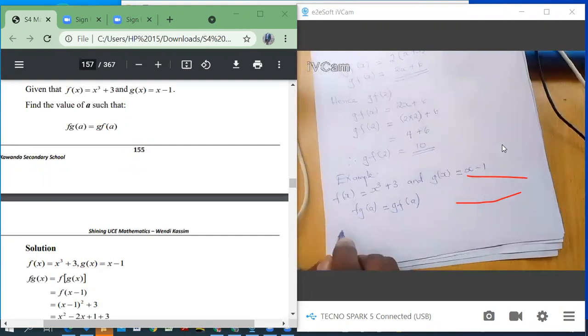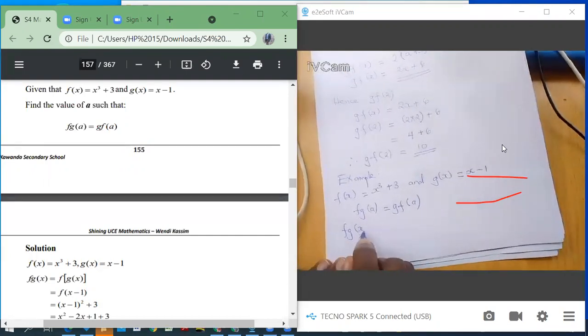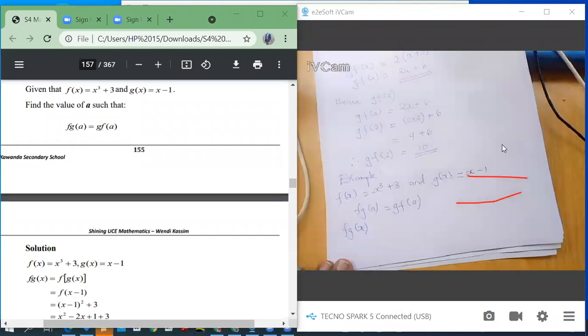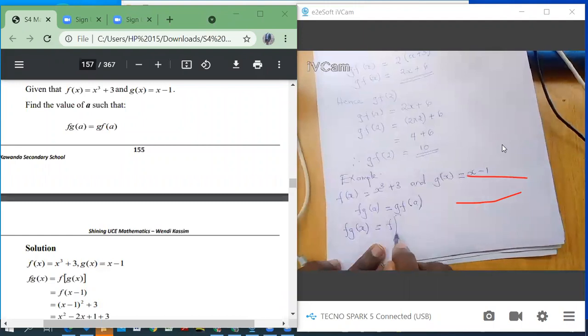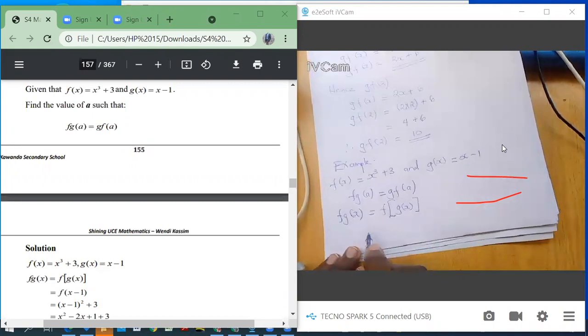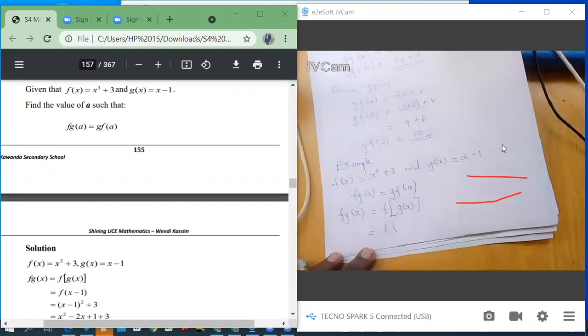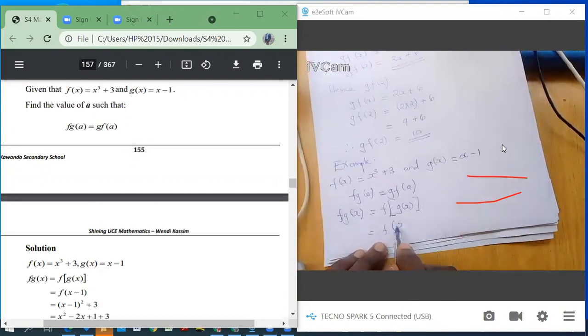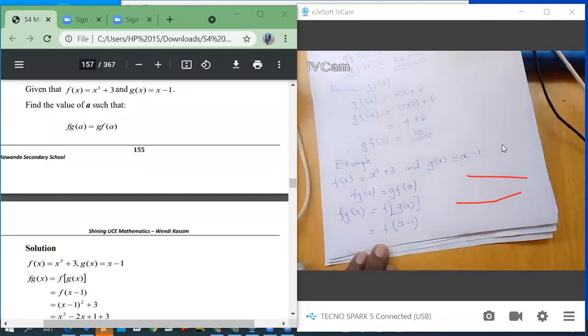The first step is to get f g of x. After getting f g of x, we can now put a in the function. So we shall have f of g of x. What is g of x? G of x is x minus 1.